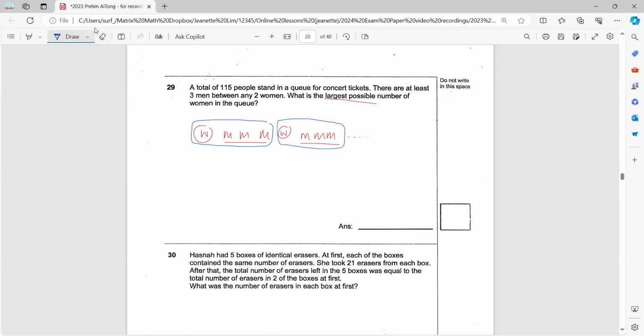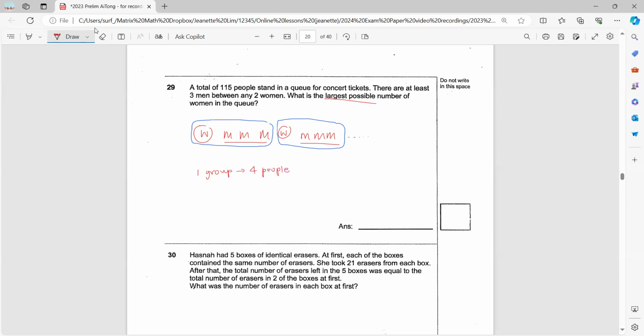For every one woman, there will be 3 men. So how many people would that be? One group, 4 people.